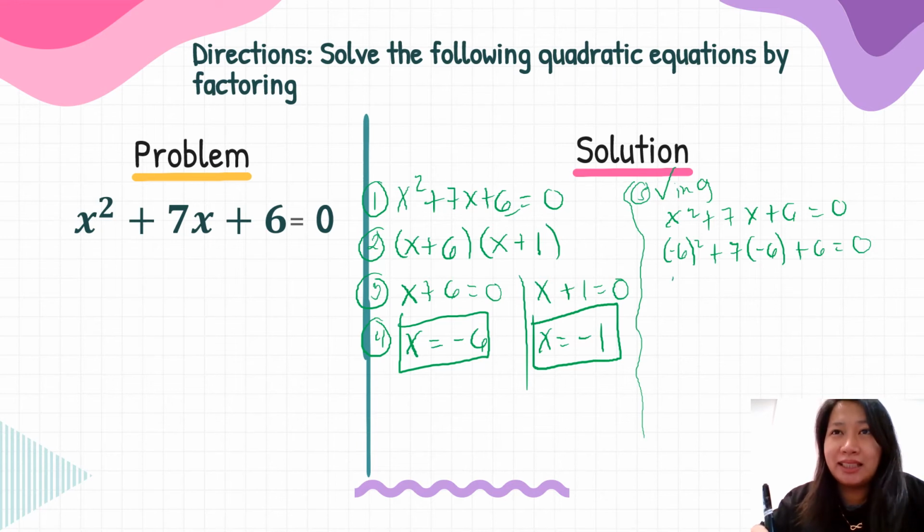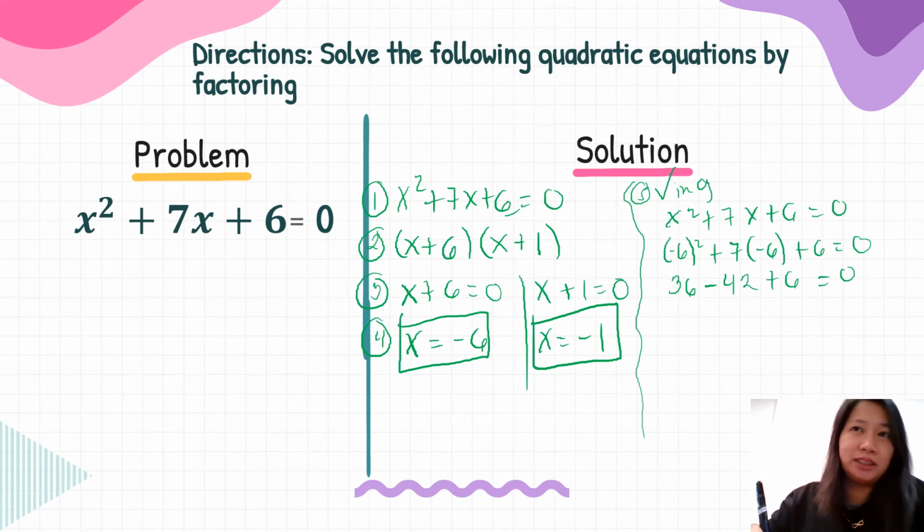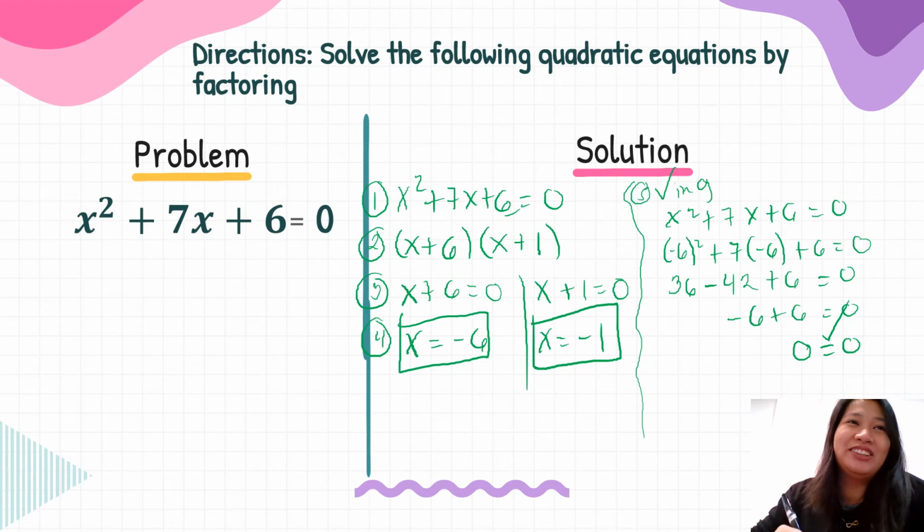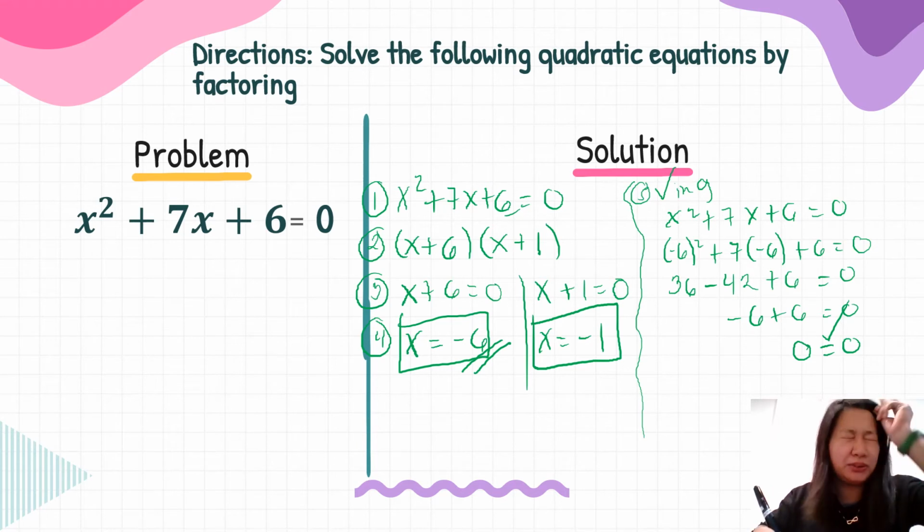Negative 6 times negative 6, that is 36. 7 times negative 6, that is negative 42. And plus 6 equals 0. 36 minus 42, that is negative 6 plus 6 equals 0. And 0 is equal to 0. Let's have the negative 1. Okay na tayo kay negative 6. Hindi po siya extraneous. Siya po ay solution.